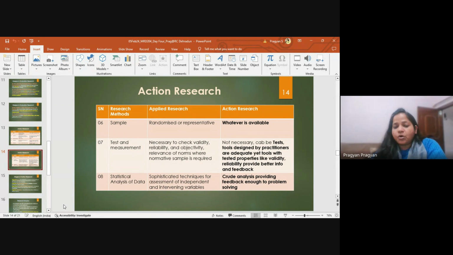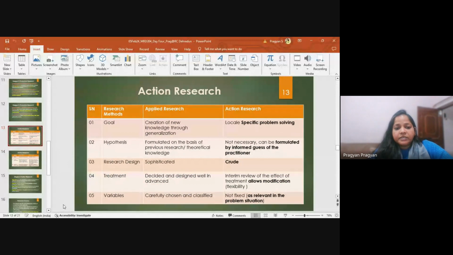Action research is not applied research, it is only specifically focused to find out, first of all, to diagnose a particular problem in any development program or agency, and then to solve it by offering one alternative development intervention.